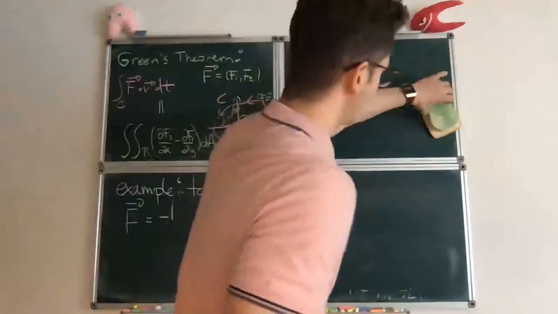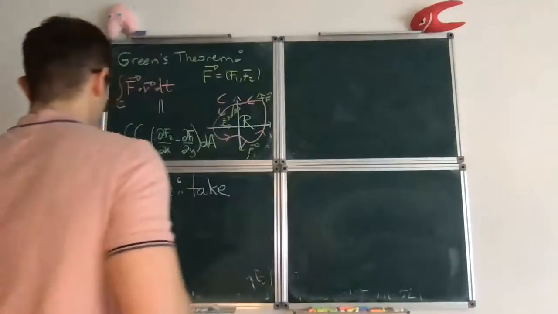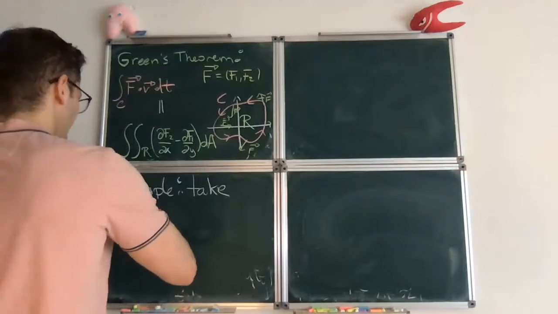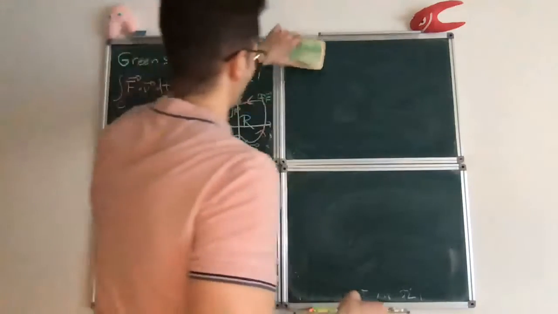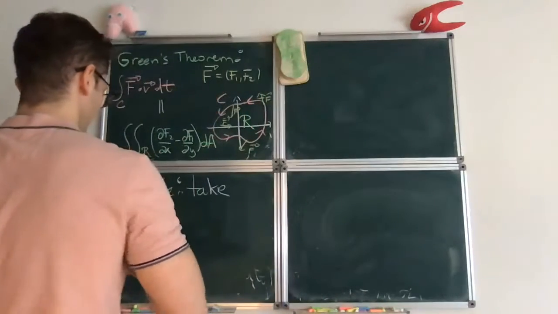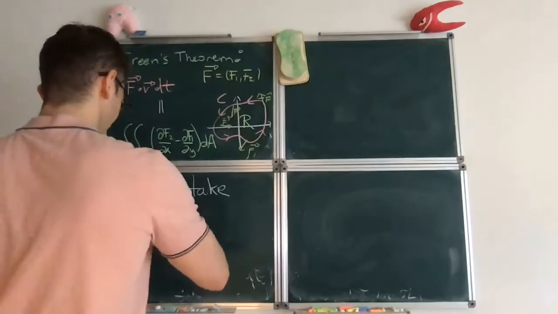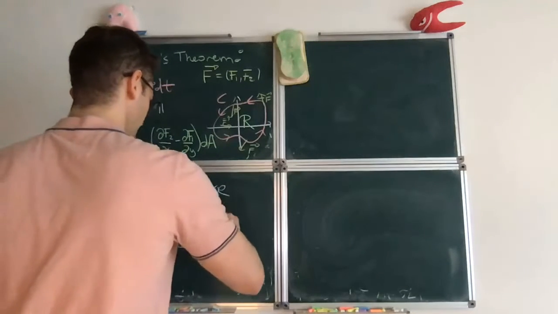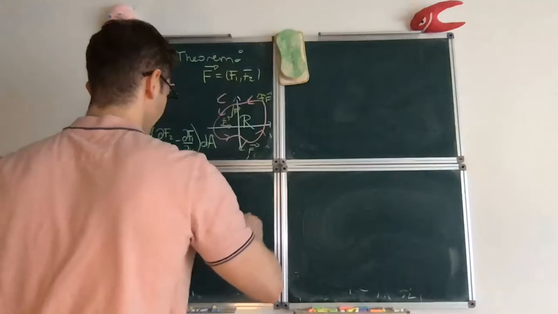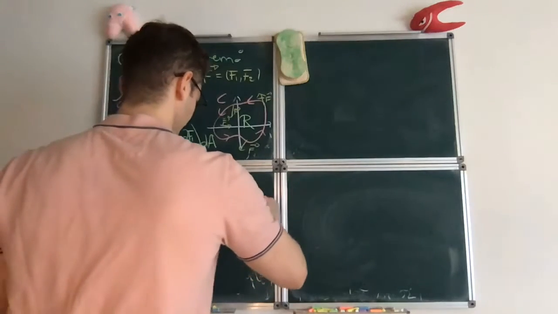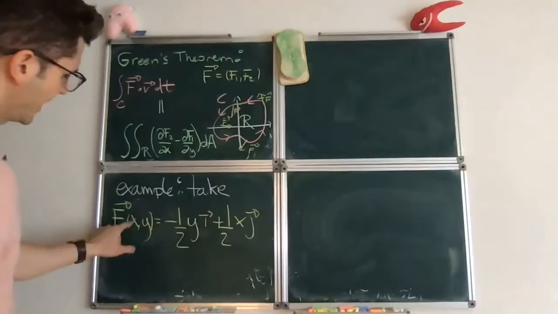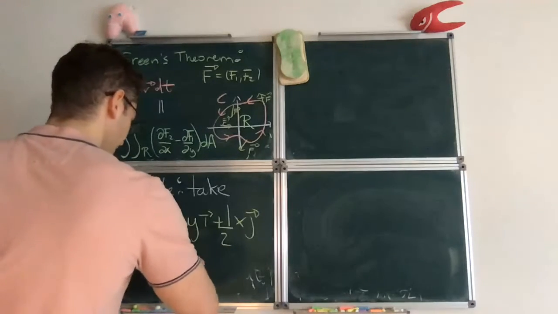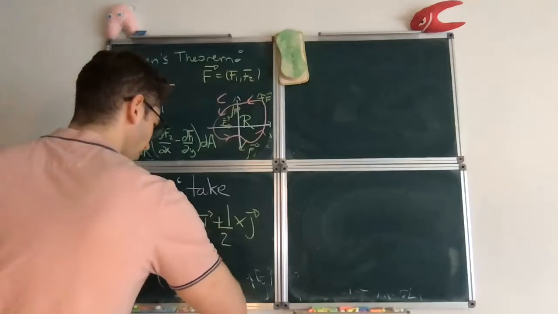So the idea is that at the point x comma y, I'm just cooking up this example. You'll see why in a moment. To be minus 1/2 y i plus 1/2 x j. In other words, at the point x comma y, the vector that you're going to draw is minus 1/2 y comma 1/2 x.